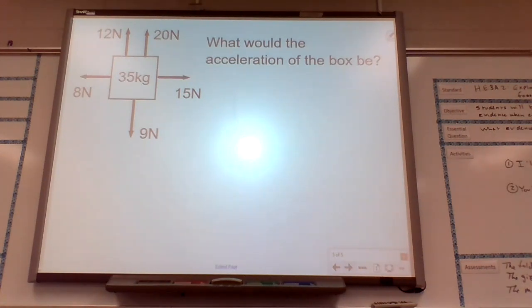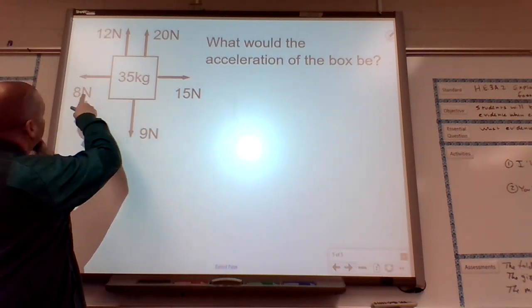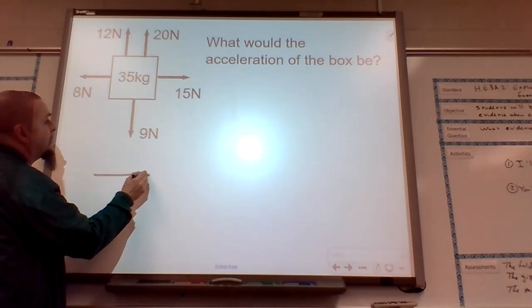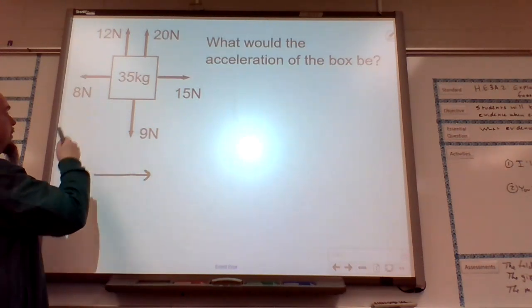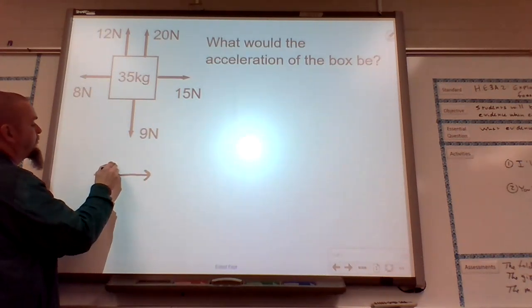If this were the case, the first thing we're going to have to do is find that net force. We have to go through all those vectors and figure out what the net force is going to be. So in the horizontal, I've got 15 over here and I've got 8 over here. When I subtract the two, that's going to leave me with a force of 7 newtons to the right.